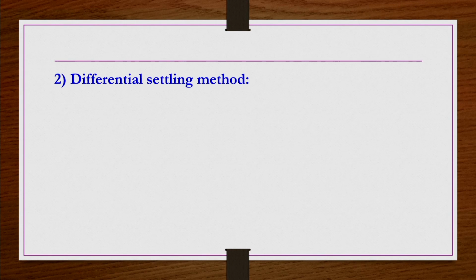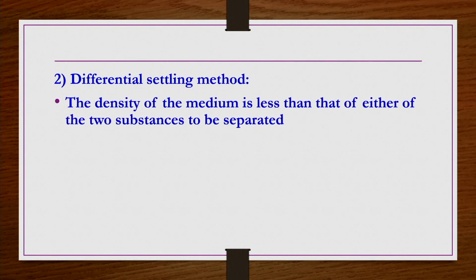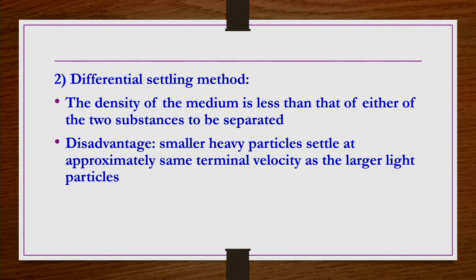The next one is the differential settling method. Here the density of the medium is less than that of either of the two substances to be separated. The disadvantage of this method is that smaller heavy particles settle at approximately the same terminal velocity as larger light particles.